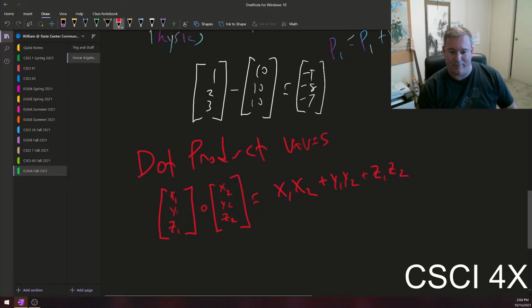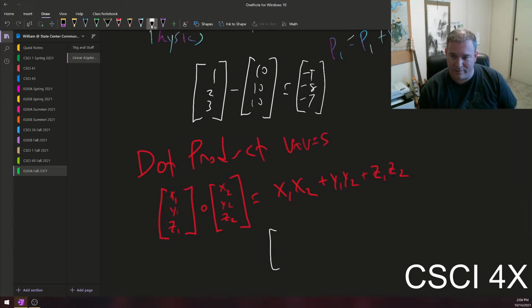Well, I'll give you an example. There's two cross products also, and I always get them backwards. So 1, 2, 3 dot product with 2, 4, 6. So this one's going to have 3 multiplies and 2 adds.